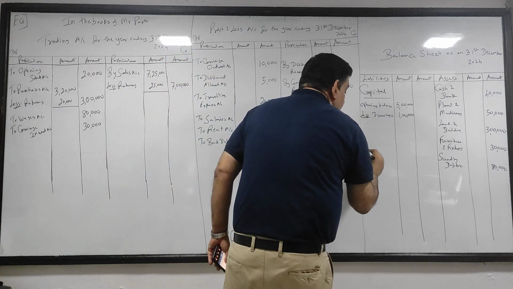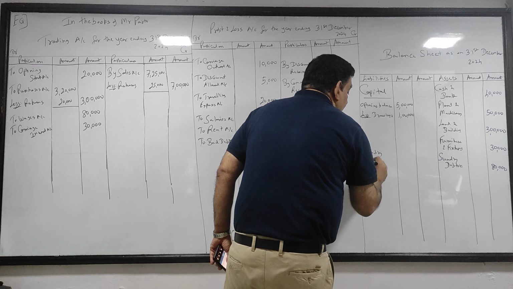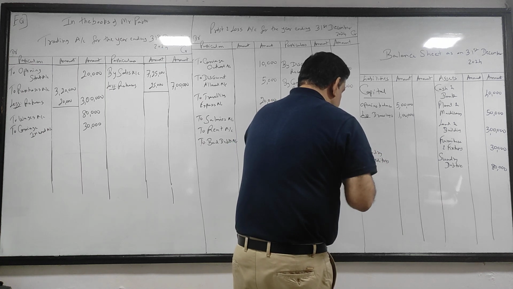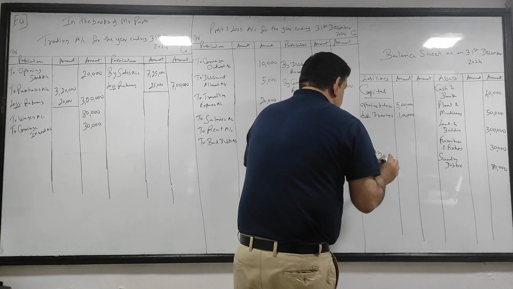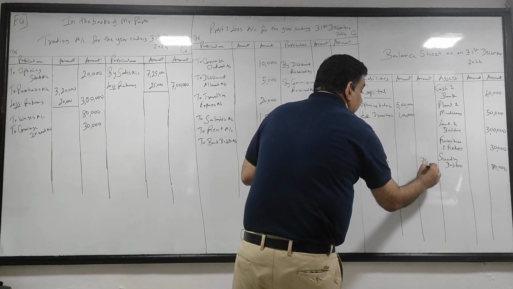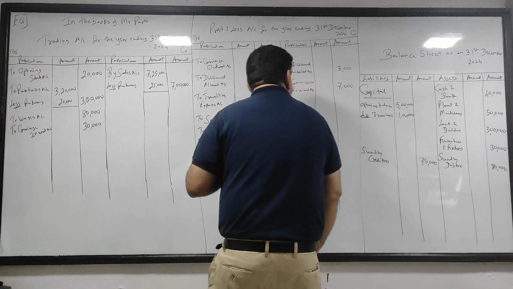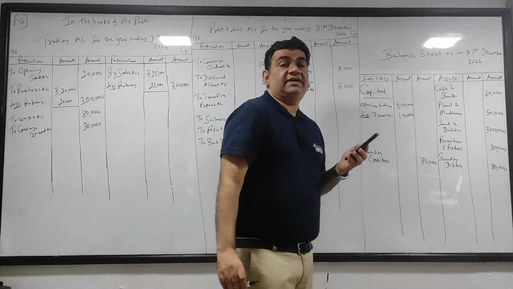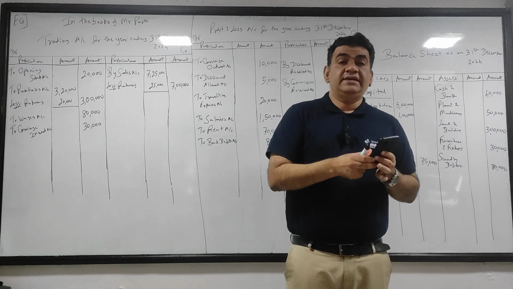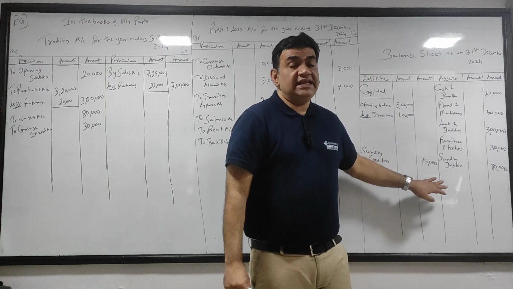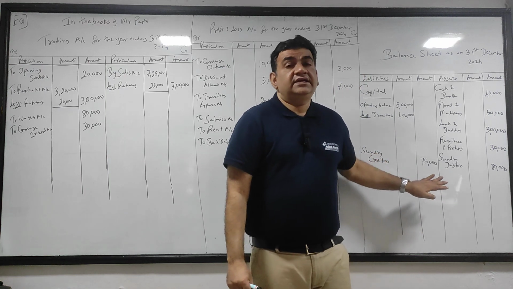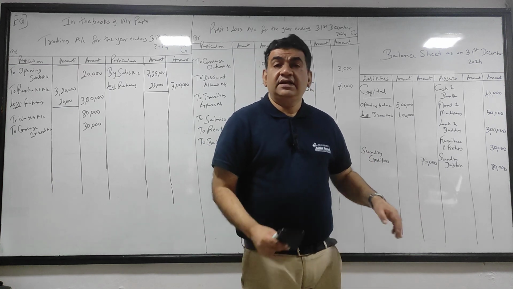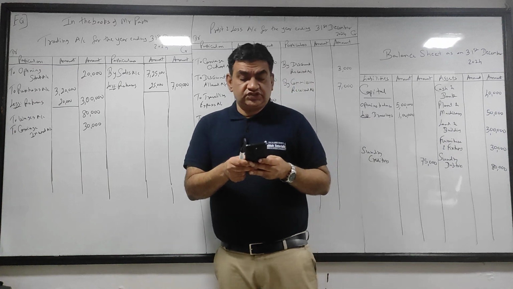Drawings के बाद 2-3 लाइन छोड़ देना and then you write creditors, because आगे जाके net profit या net loss वहां पे आएगा. So sundry creditors 75,000. Sundry creditors 75,000. I'll repeat. Debtors से पैसा लेना है, asset. Creditors को पैसा देना है, therefore liability. Clear?